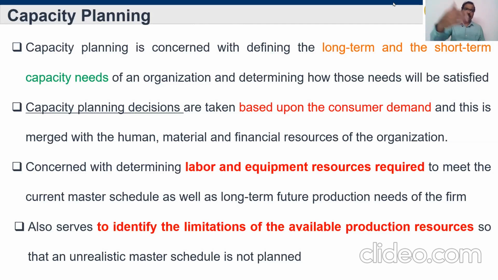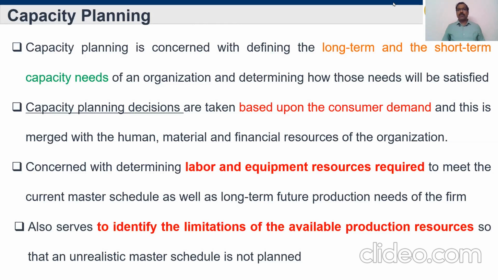It is also connected with material requirement planning. Material requirement planning is on one side, and the master production schedule on the other. So capacity planners should know what the master production schedule and material requirement planning are. Then only they can identify the limitations of overall production.